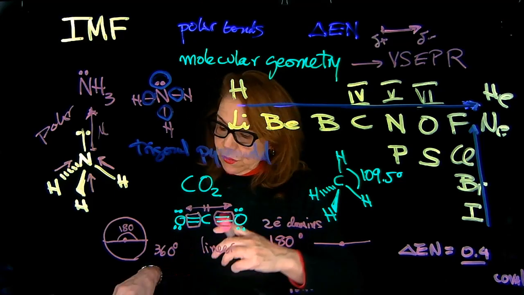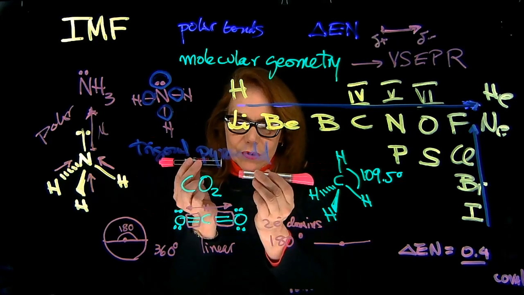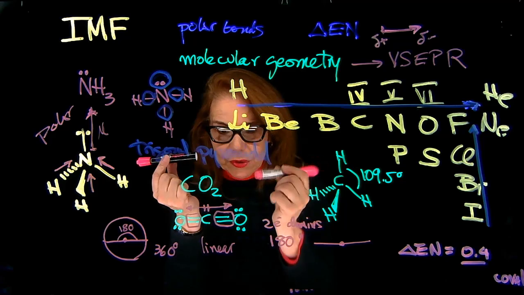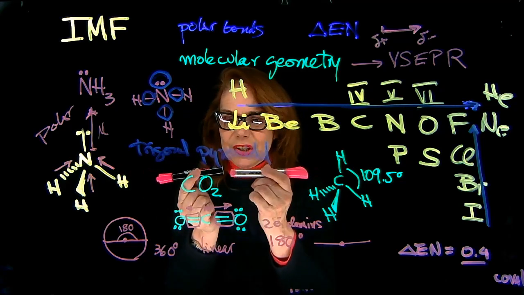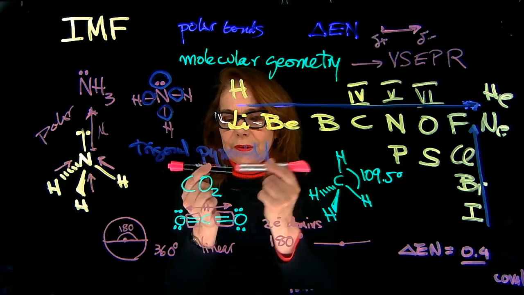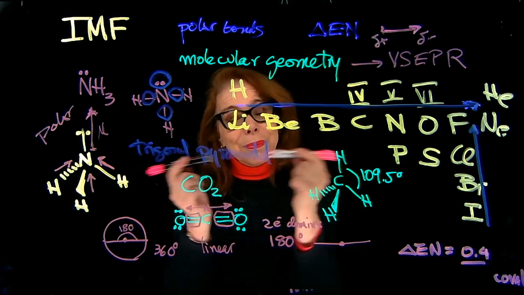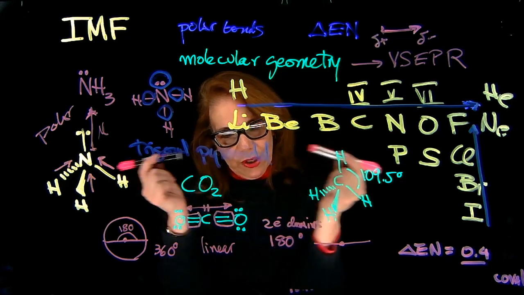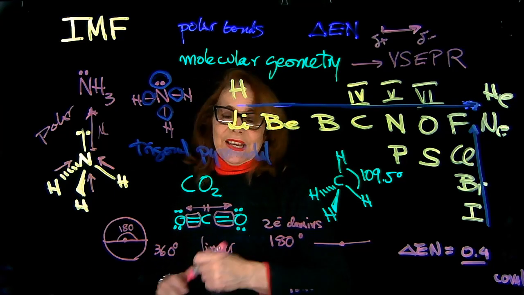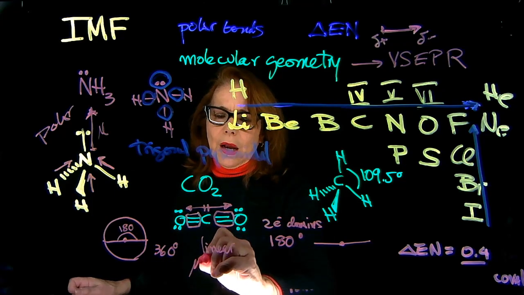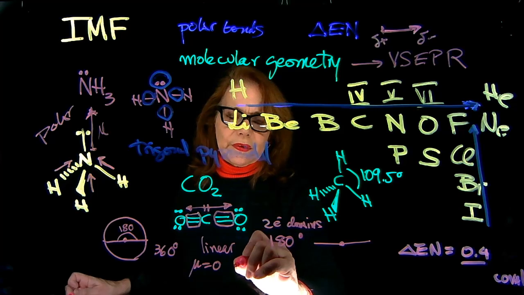The two vectors have the same magnitude because there's the same difference in electronegativity between carbon and oxygen, in opposite directions. So the two vectors cancel out, and because of that, this molecule has zero dipole moment, so it's non-polar.